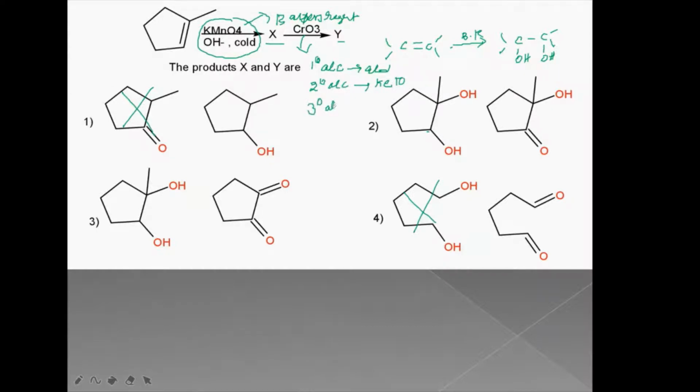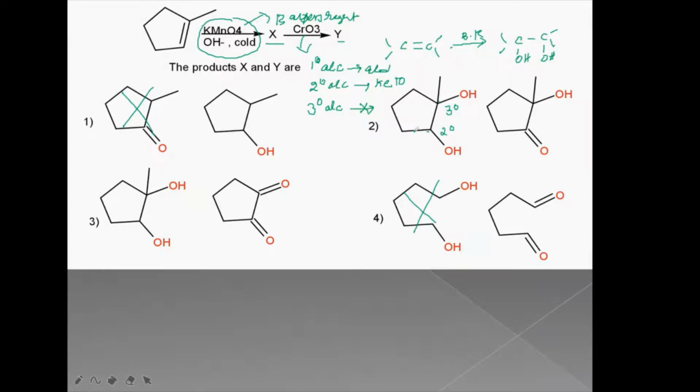Here, if you observe the product, OH is attached to a tertiary carbon. So this is a tertiary alcoholic group and this is a secondary alcoholic group. As we said, the tertiary alcoholic group cannot be affected. It remains the same in the product.